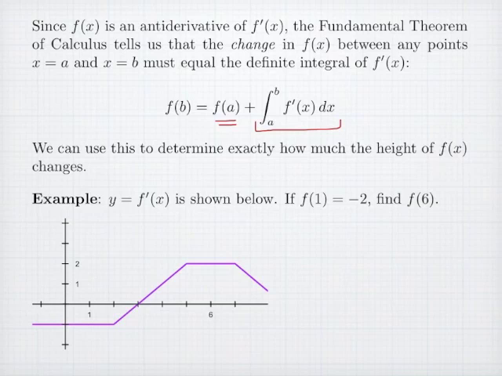So let's consider this example. The graph of f prime is shown. Here's x, y equals f prime of x. We know that f of 1 equals -2. We want to find f of 6, and the fundamental theorem of calculus tells us f of 6 equals f of 1 plus the integral between 1 and 6 of its rate of change.